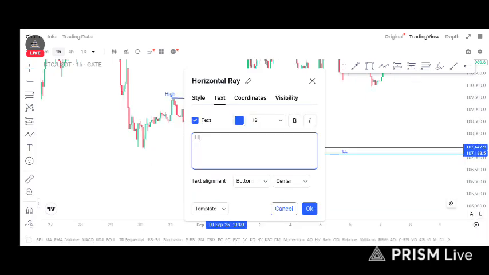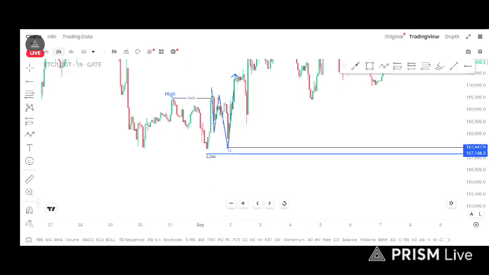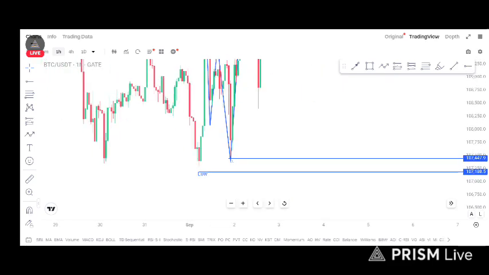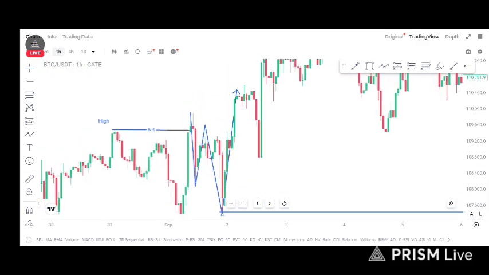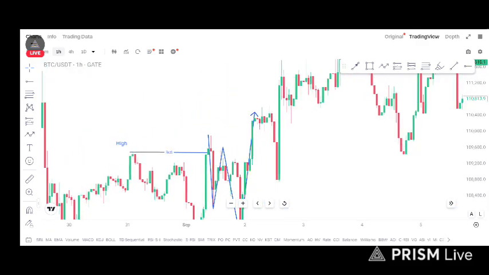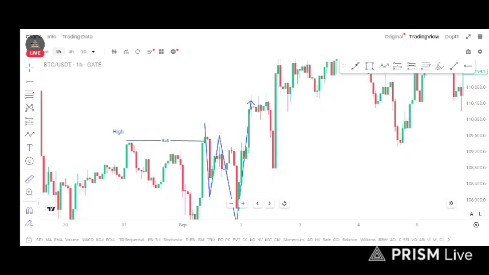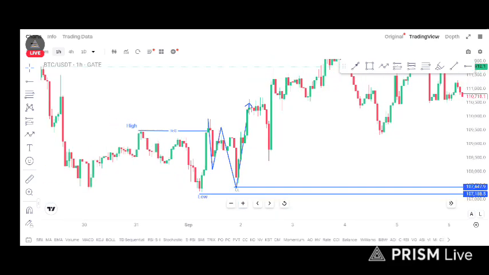Yes, that guy is going to be our lower low. And when we broke this structure, sorry, it's going to be our lower low. Why? Because it has broken structure, right? Yes, because it has broken structure.